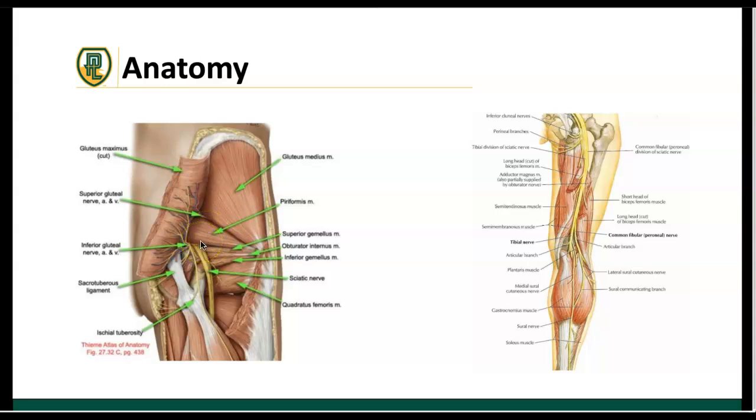But just deep to that piriformis lives our sciatic nerve. And if we look at it from this perspective, the sciatic nerve branches into two very important nerves distally. So the tibial nerve, which will supply the posterior compartment of the lower limb, and then it branches off into the peroneal nerve. So you either will have the common peroneal nerve or the deep peroneal nerve, all which supply the anterior and lateral compartments, right?